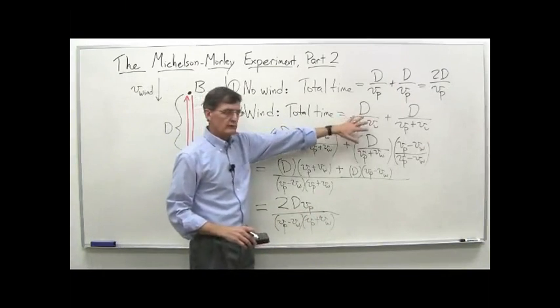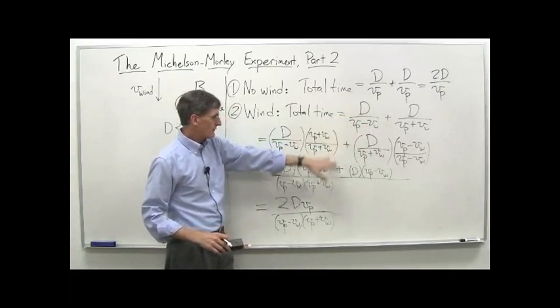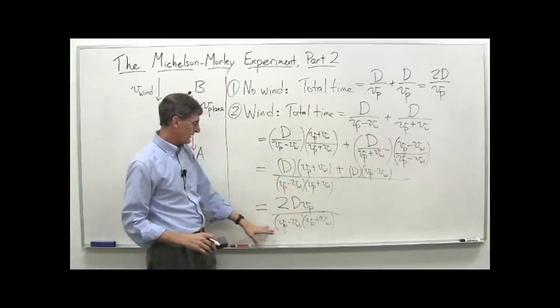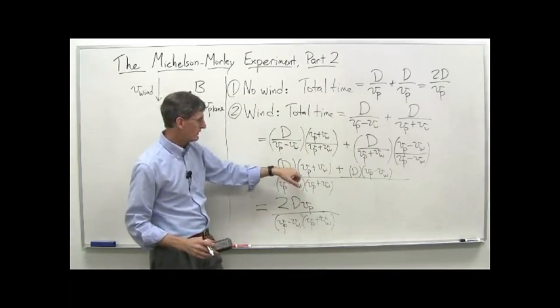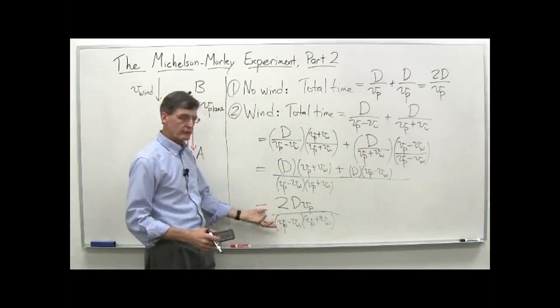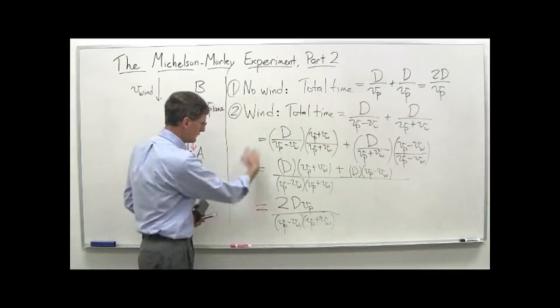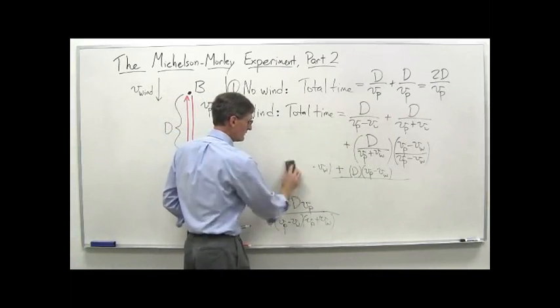We just said, okay, here's our total time, that plus that for each leg. Put them together for a common denominator, and then noted that in the numerator, some of the terms cancel out. So I've got d times Vw and then minus d times Vw, so they go to 0, and I'm left with this. Okay, so now we'll bring this back up here. We'll leave that because that was our starting point.